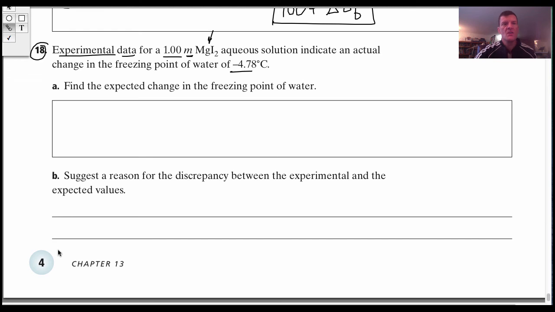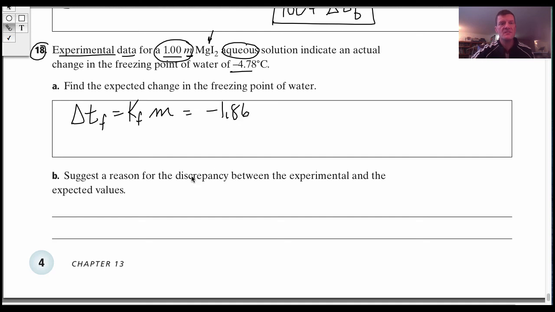Okay, well, let's look at this here. If we take this here, we have 1 molal, and let's go ahead and find our expected change. This is for freezing, okay? And this is aqueous, so it's for water. So we are going to use the K value for water, which is -1.86 for freezing.